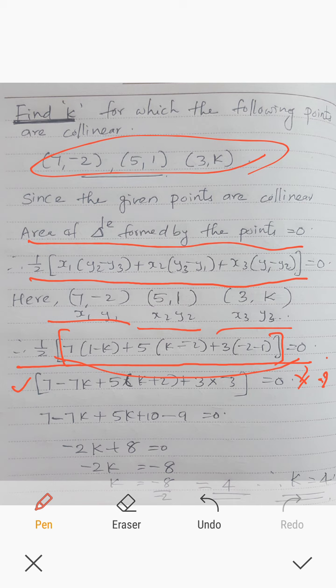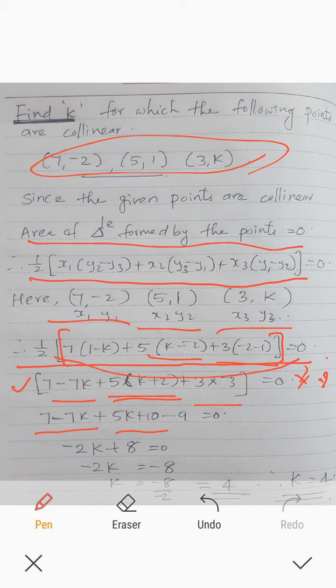On simplifying the terms inside the bracket, 7 into 1 minus k is 7 minus 7k using distributive property. Here we have to write one more step. 5 into k minus minus 2 is written as 5 into k plus 2 here. Then 3 into minus 2 minus 1 is 3 into minus 3. Here we have already applied the distributive property.